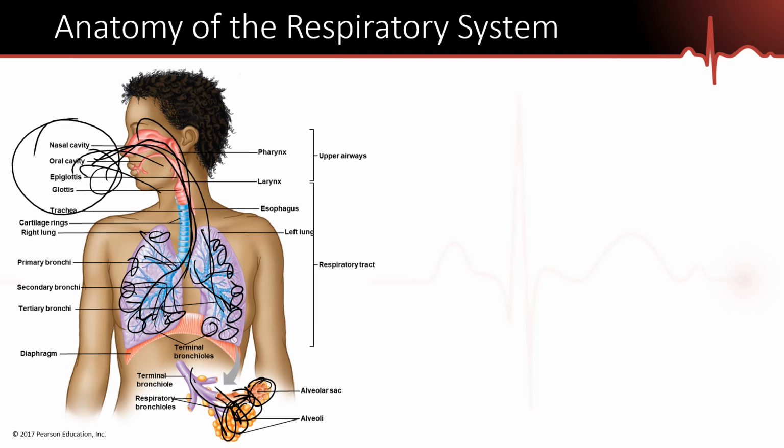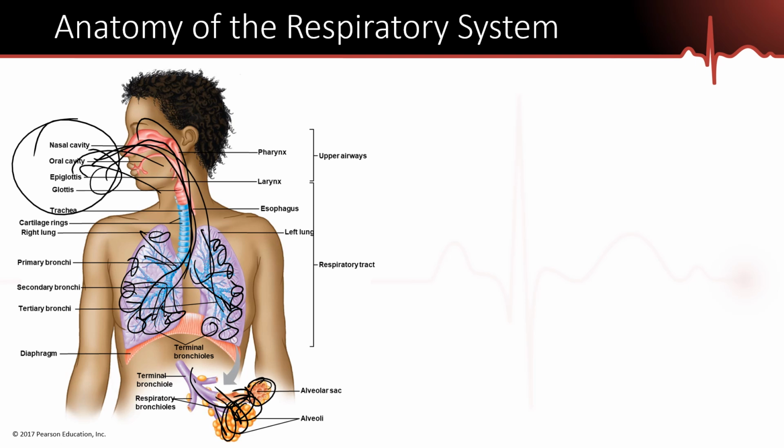The purpose of inhalation really is to get oxygen from the atmosphere down into the alveoli so that it can go into the blood. The purpose of exhaling really is to get the carbon dioxide that is now within the air in the alveoli, which came from the blood, back out into the atmosphere. The whole process of getting air into and then back out of the lungs is called pulmonary ventilation.